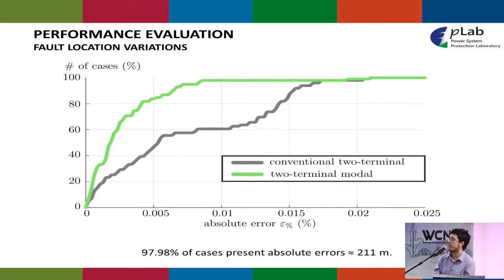For fault location variations, we use the cumulative frequency polygon technique. Here, to evaluate the best method, you need to look at the slope of the curve. The higher the slope, the higher the number of cases with smaller errors associated with it. And for the two-terminal model method, which is the green one, almost 98% of cases have absolute errors close to 211 meters.